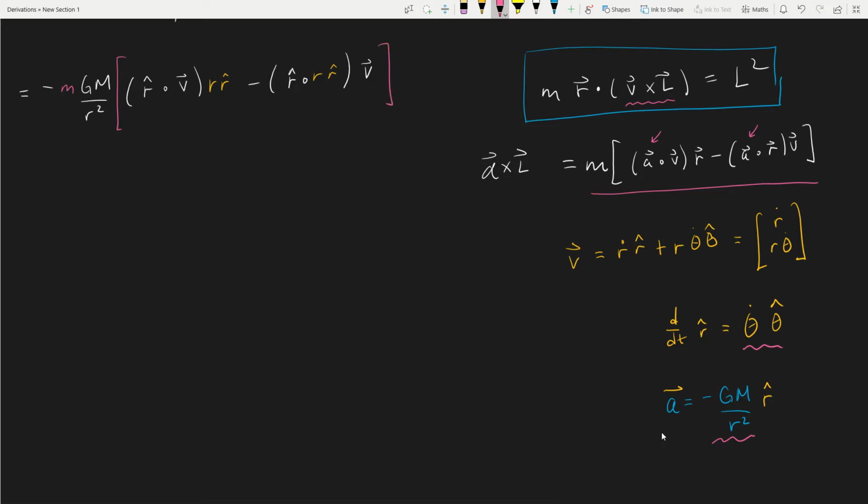Okay, so let's use white. These constants are still there, GM little m over R squared. And then, what is R hat dotted with the vector V? All it really is is the component of V in the R hat direction.